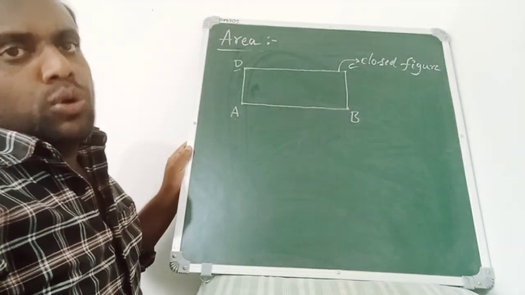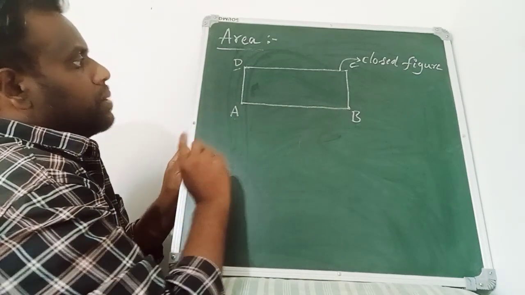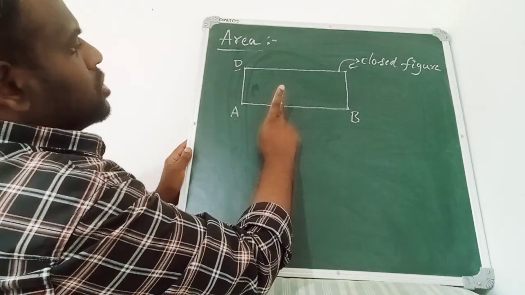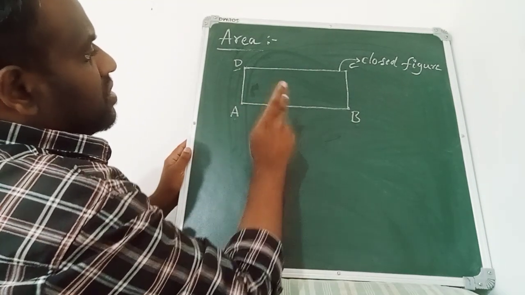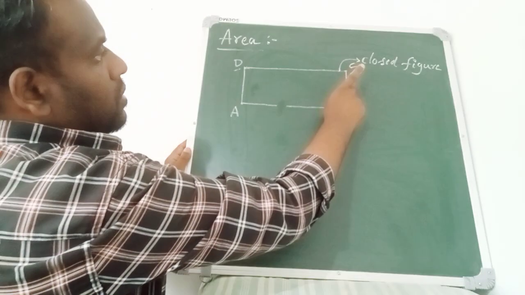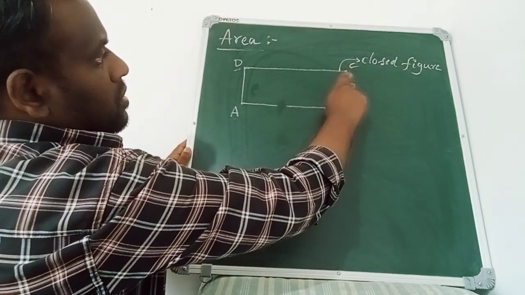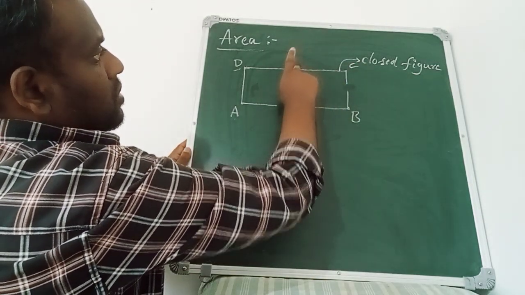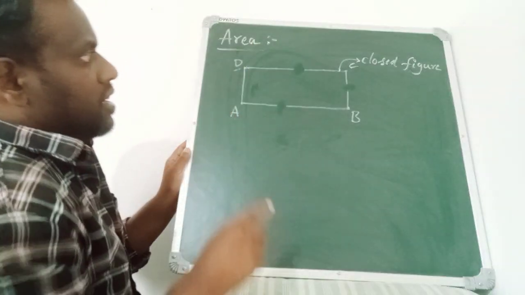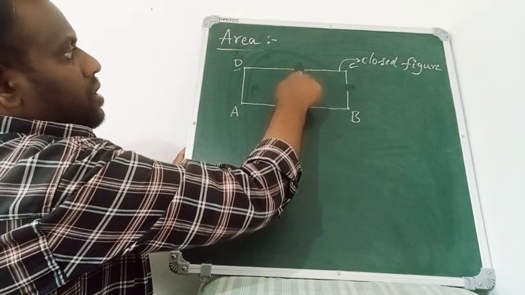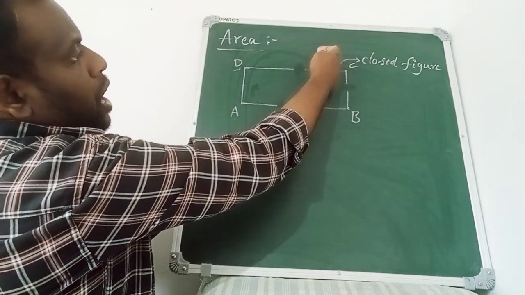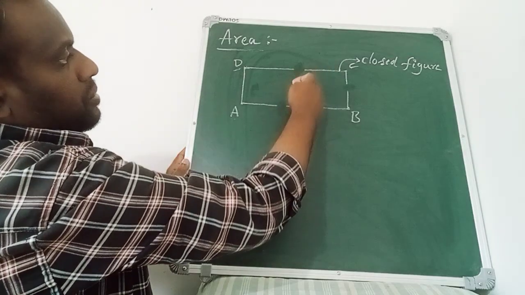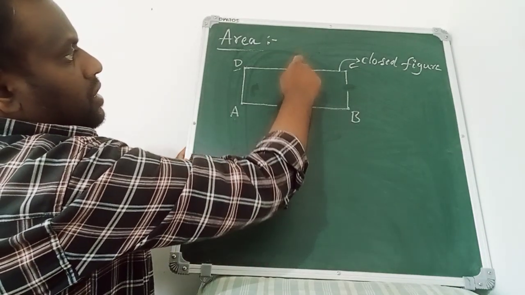It is completely closed. For example, here is an open. If I erase here, there is an open. Here also open. So from outside something can go inside.